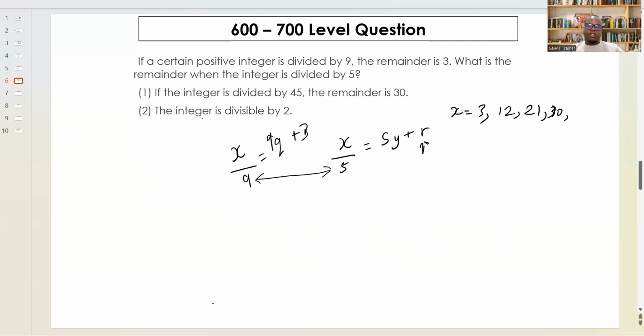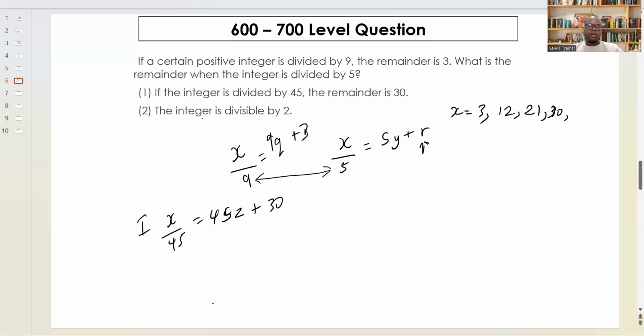So now let's go to the statements. If the integer is divided by 45, the remainder is 30. So x divided by 45 is equal to, let's call it z, plus 30. That's what you have if x is divided by 45.